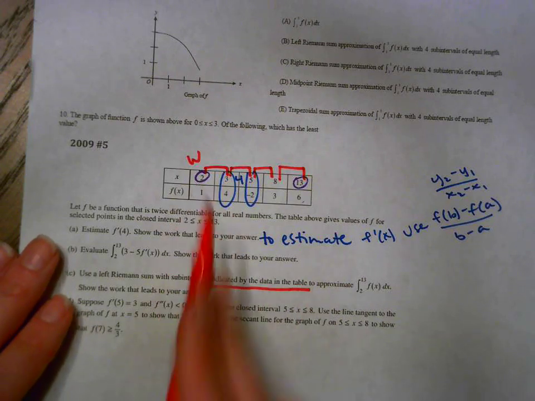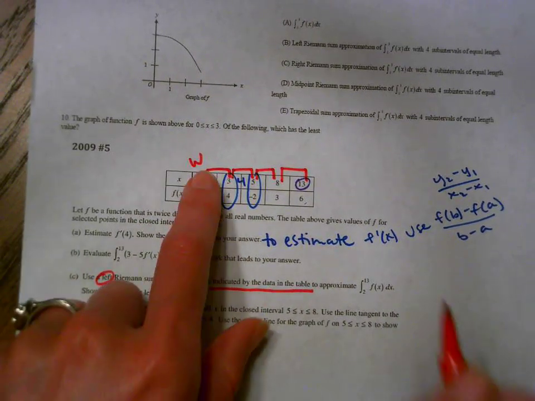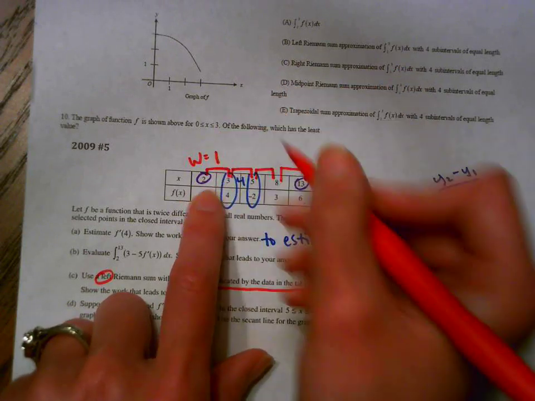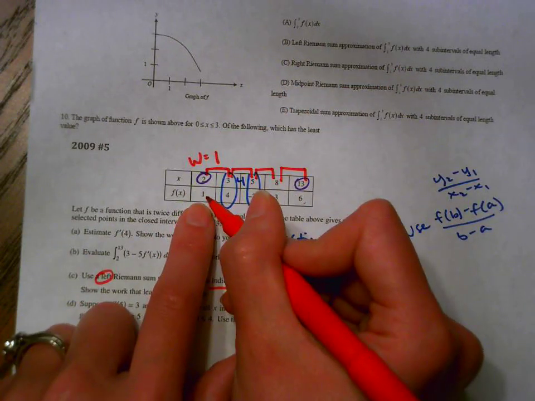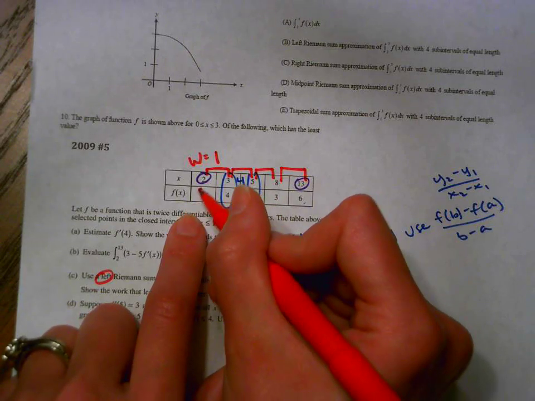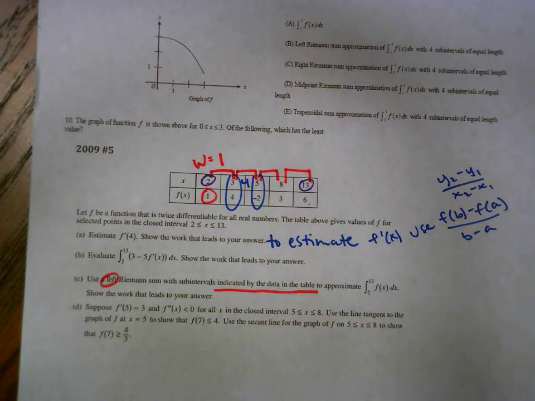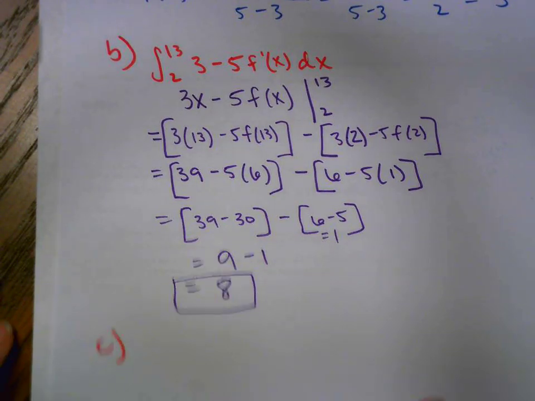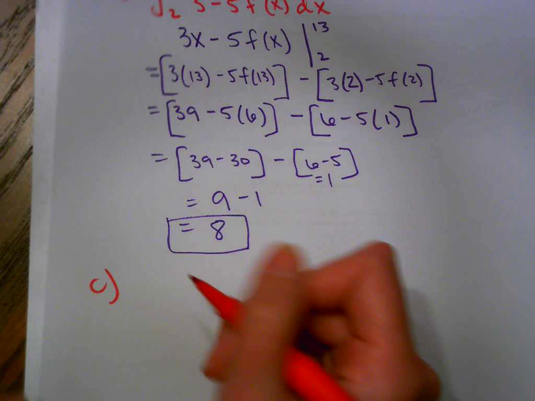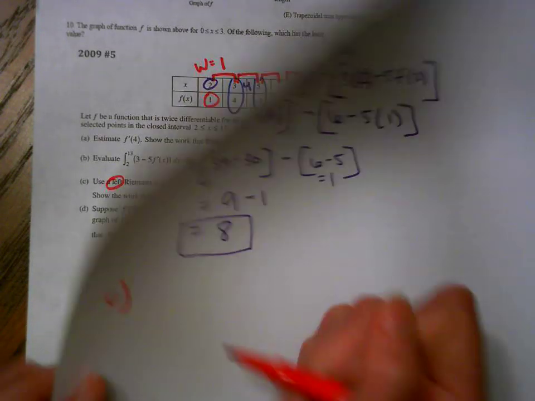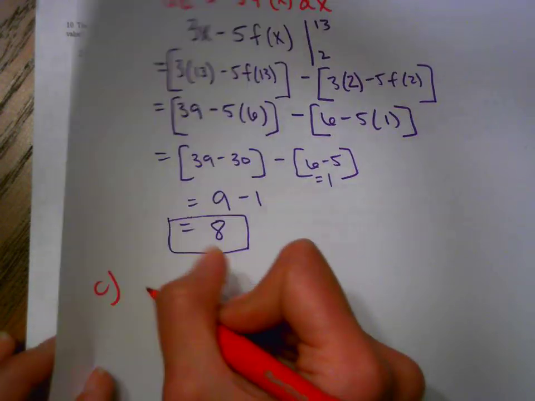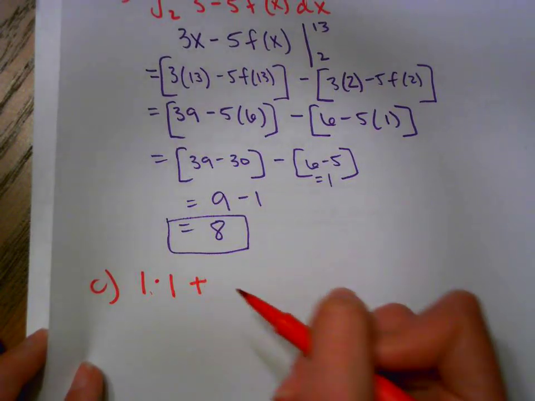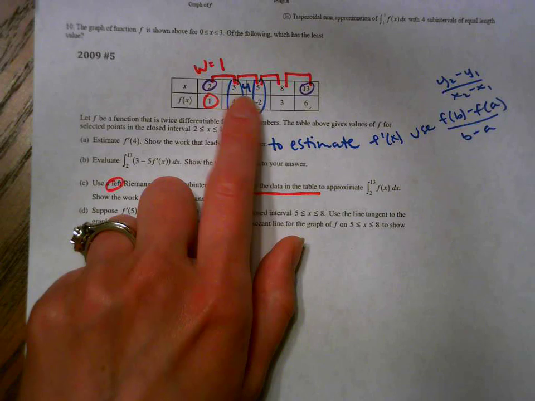And so how do we do this for a left Riemann sum? So the width is going to equal from 2 to 3. That's a width of 1. And then you use the left side y value as your height. So if I'm going to write this out, my Riemann sum would equal, my first width is 1 times my left y value for that was also 1, plus, now the next width, 3 to 5.